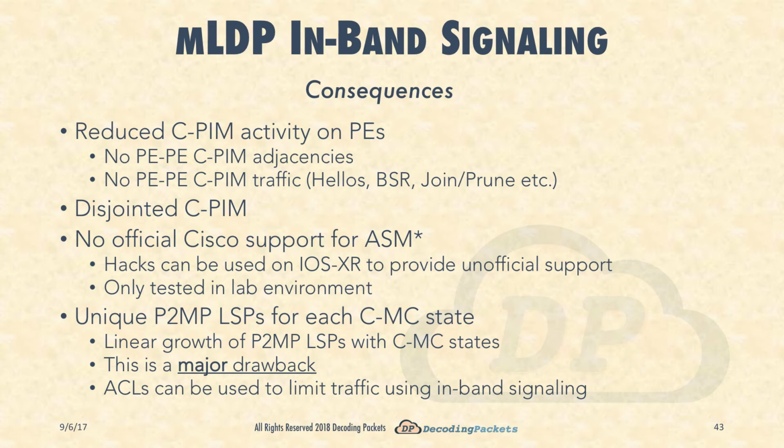Now, because of that BSR thing, I think, there is no official Cisco support for the any source multicast aspect of it. So any source multicast with the RP, etc., star, G, that's not officially supported by Cisco. Even though there's an RFC for it, Cisco doesn't yet support it.